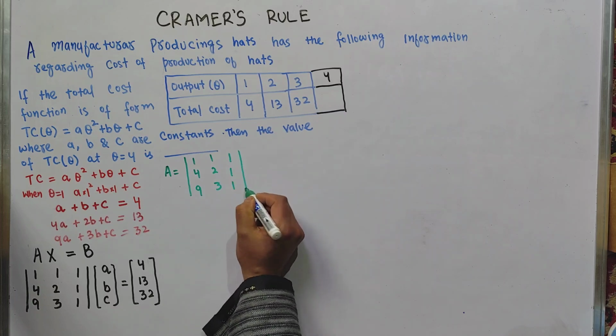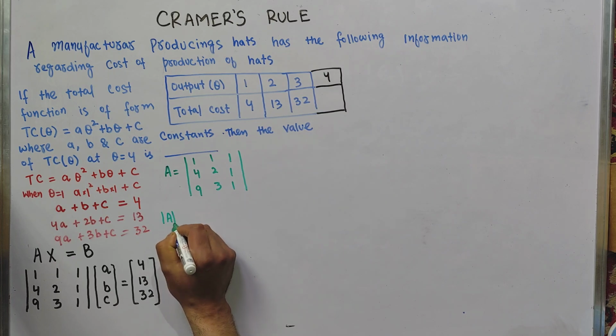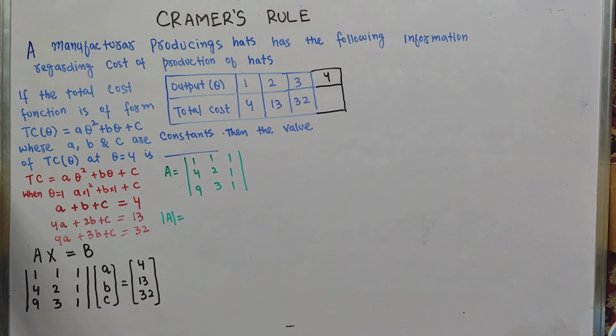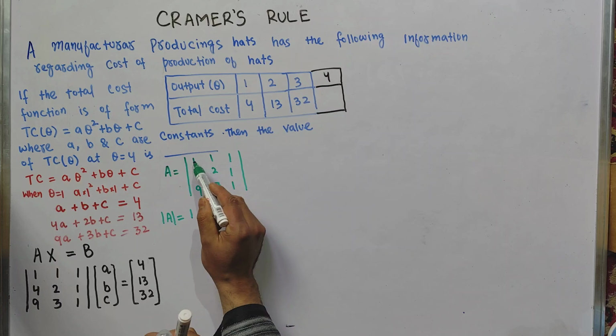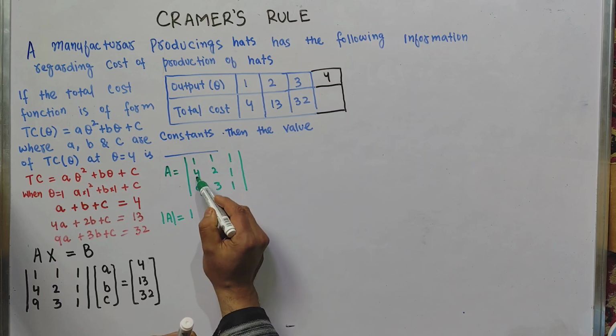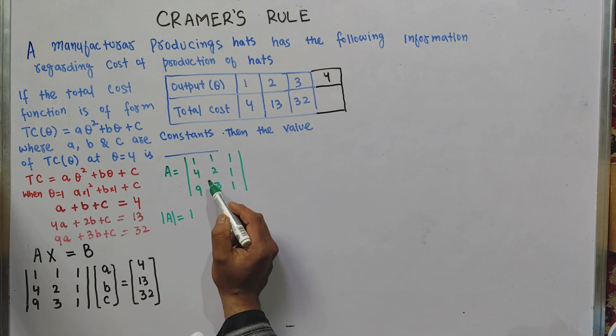This is our coefficient matrix. First step is to find out the determinant of this matrix. Okay, how do we find the determinant? Simple thing: we write the first element and mentally delete the row and the column in which the first element appears and take the determinant of the remaining elements.